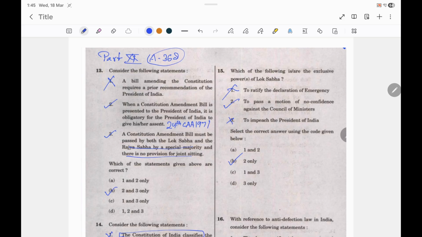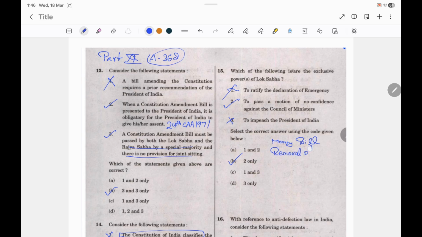Now look at the exclusive powers of Lok Sabha. That is, first one is passing of no confidence motion. Second is passing a resolution for removal of national emergency, which can be passed by Lok Sabha only. Money bill is presented in Lok Sabha only.